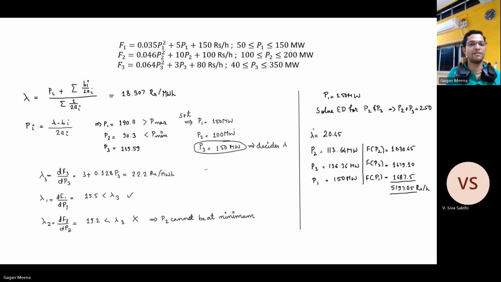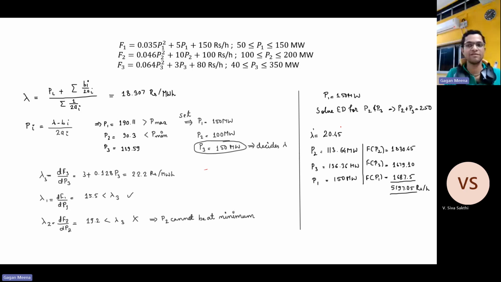That's why P2 cannot be at its minimum. But we know that from here we can see P1 can be at its limit. Now what we can do, earlier we had set both of them at their limits. Now we set only P1 at its limit, which is 150, and subtract it from the demand. The remaining two generators will supply 250 megawatts and we solve the economic dispatch for these two generators.